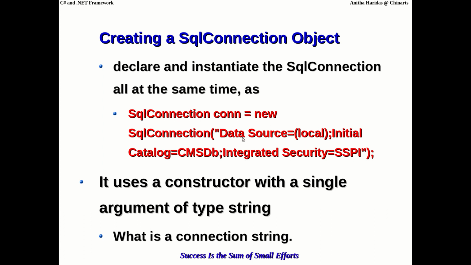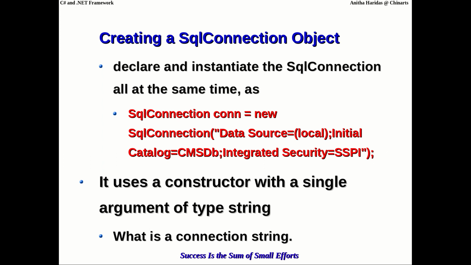And specify what is the data source, what is the catalog, and what is integrated security. In the MySQL connection, we used name and value pairs like server equal to, username equal to, password equal to, database equal to. That is the format for the MySQL connection string.